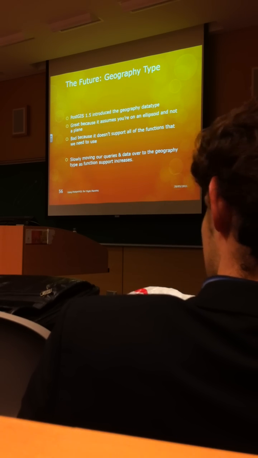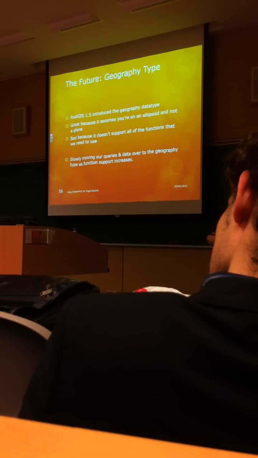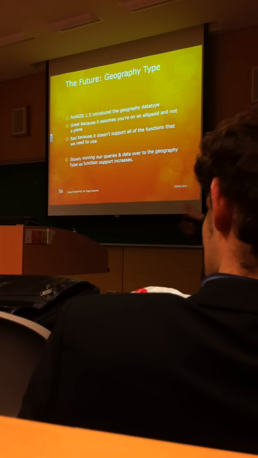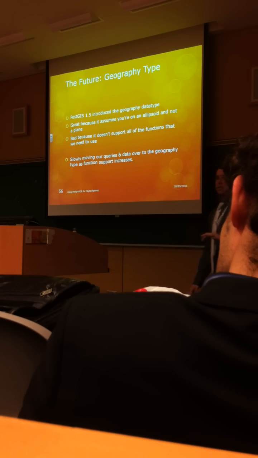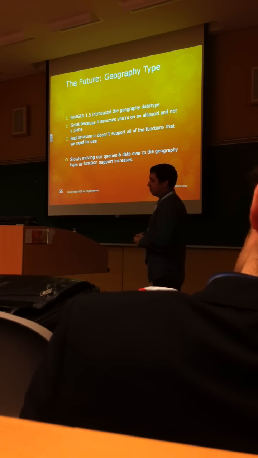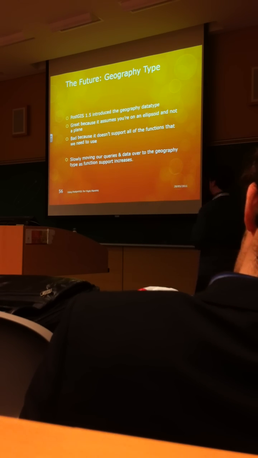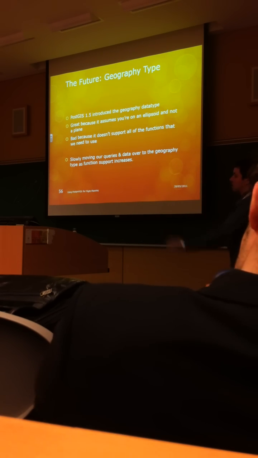But it's kind of a little immature still. It doesn't have all the functions that I need. So I'm sort of stuck in limbo. One foot, some of my data is in the geography type, and some of my data is in the geometry type, and I have to go back and forth between them. But as more and more function support for geography comes about, I'm going to be converting my data over.